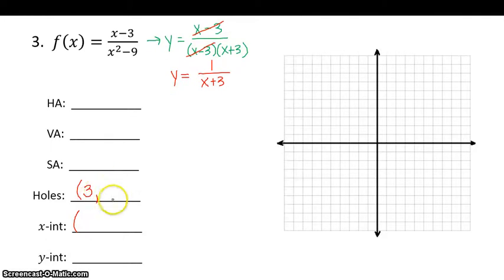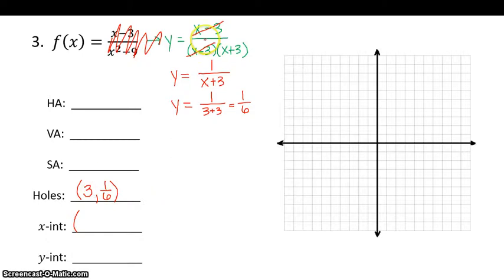So to find out the y value that goes with this, you plug that 3 in here into what was left over, because we're no longer going to look at this other stuff because we're only looking at what was left over. So then that's y equals 1 over 3 plus 3. So that'll be 1/6. So that is where the hole is going to occur in our graph.